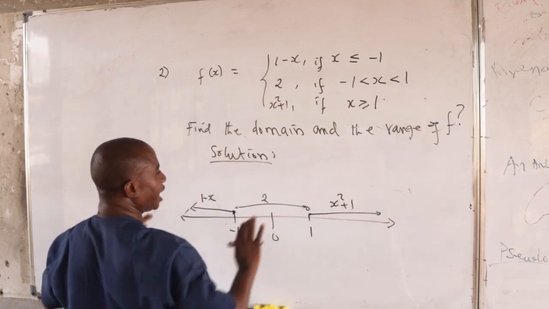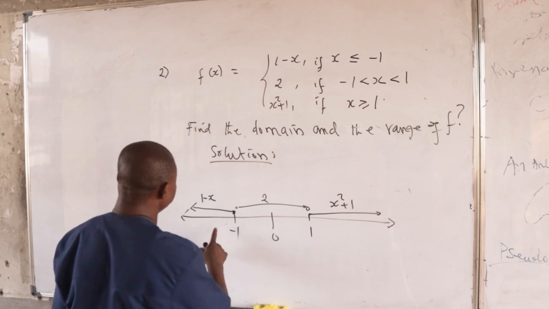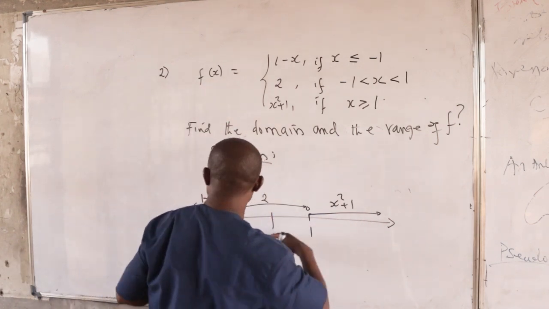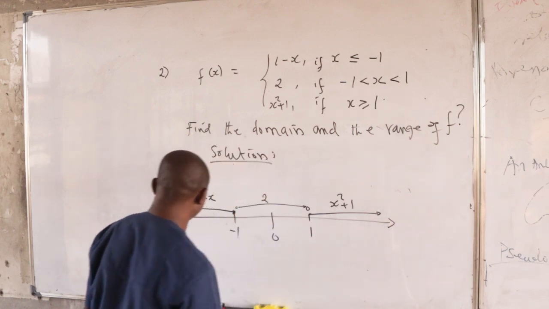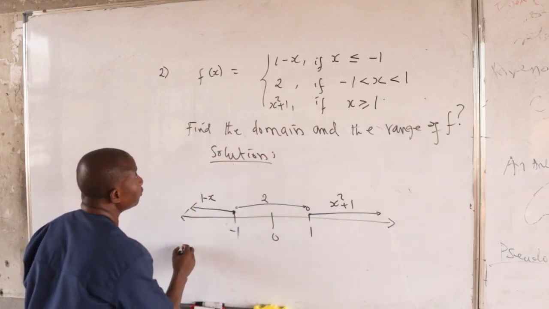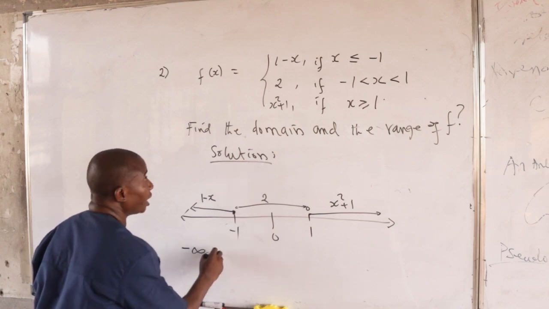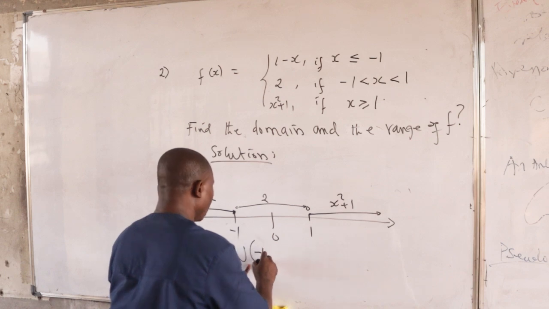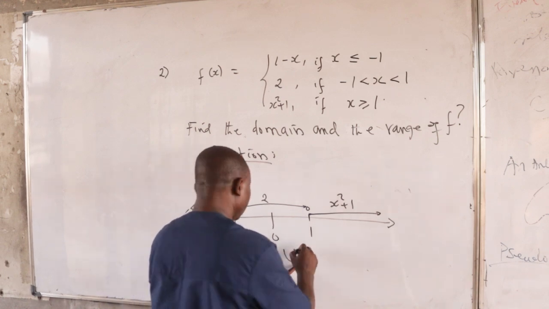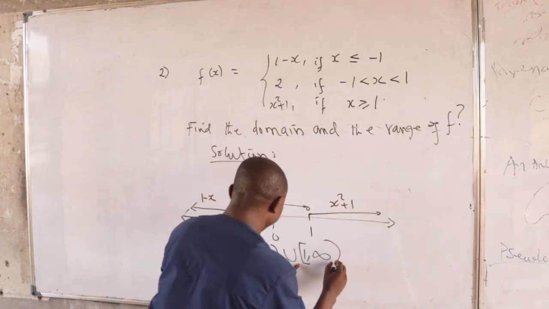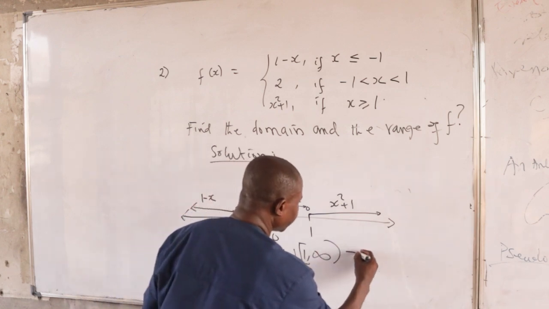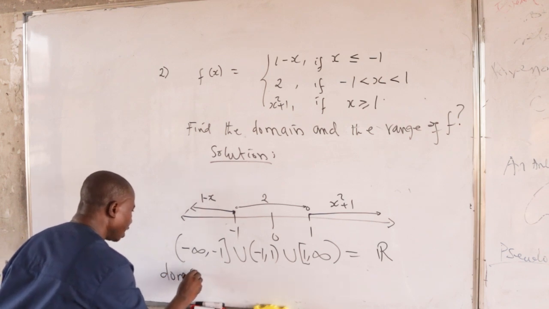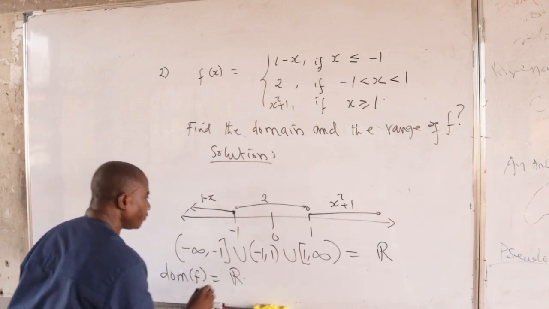If you look at the way I broke it in 3 parts, you see that this function is defined for every real number. Because this is what we have: negative infinity to -1, union -1 to 1, union 1 to plus infinity. So when you take the union of these 3 sets, this will generate the set of real numbers. And so the domain of our function f is the whole of R.